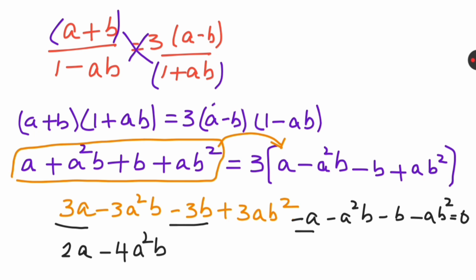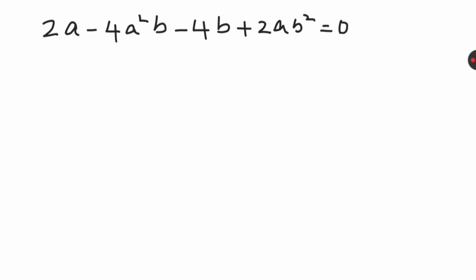Here minus 3b and minus b which is minus 4b, plus 3ab² minus ab² which is plus 2ab², equal to 0. Each and every term is a multiple of 2, that's why divide both sides by 2. Then the first term is only a, the second term is 2a²b, the third term is 2b, and the fourth term is ab², equal to 0.